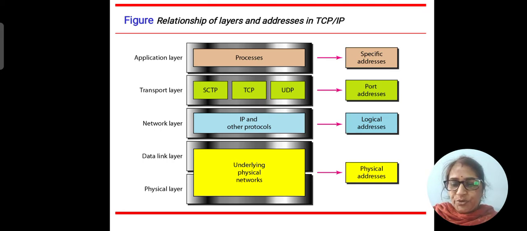Address Resolution Protocol is used to associate a logical address with a physical address. Reverse Address Resolution Protocol allows a host to discover its internet address when it knows only its physical address.